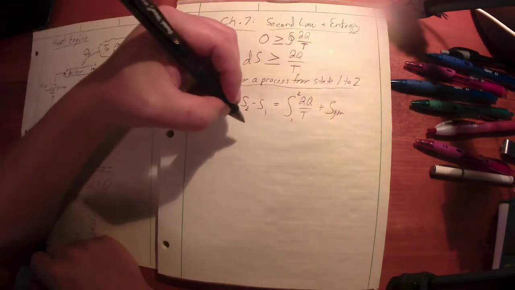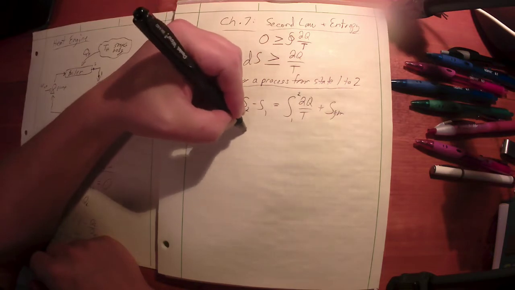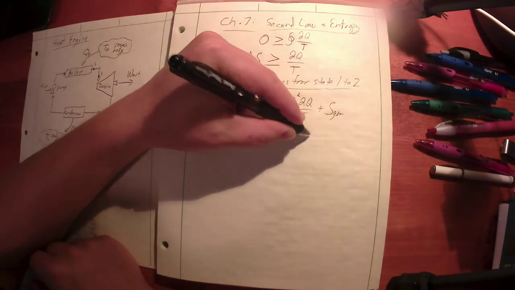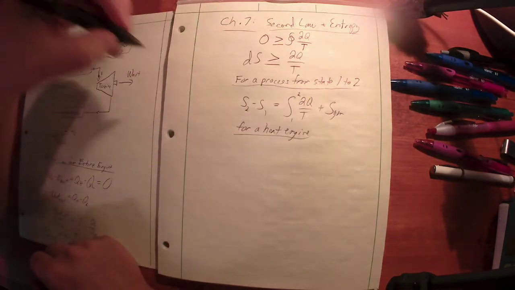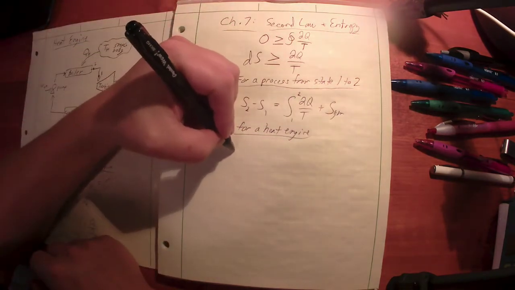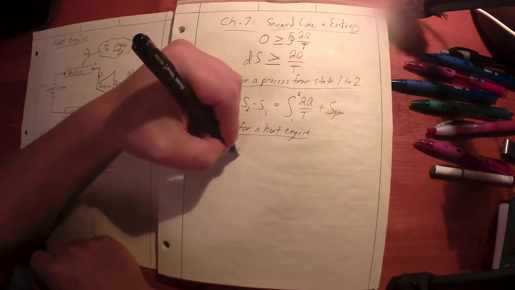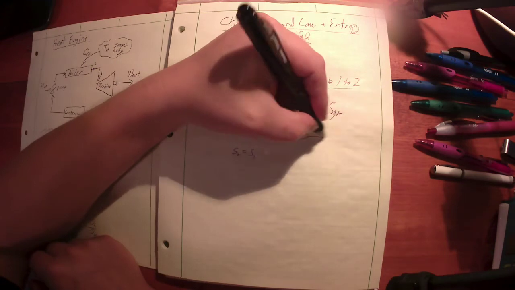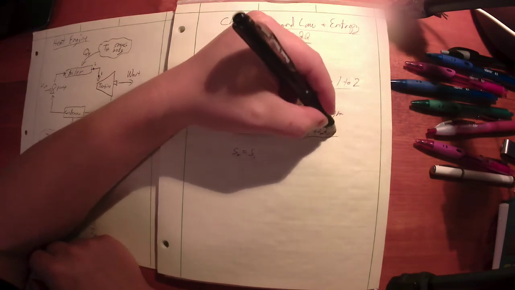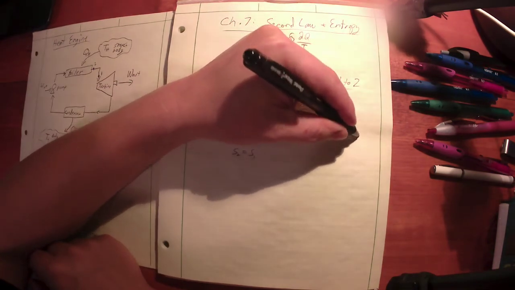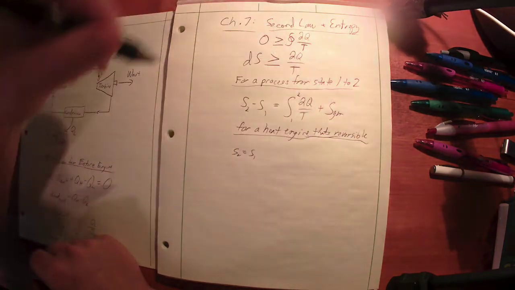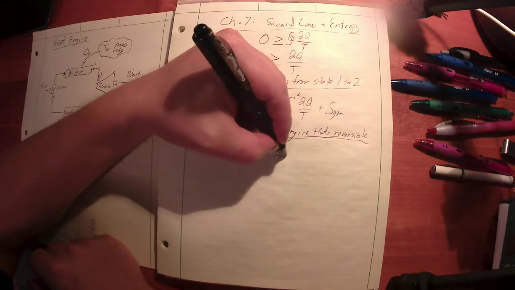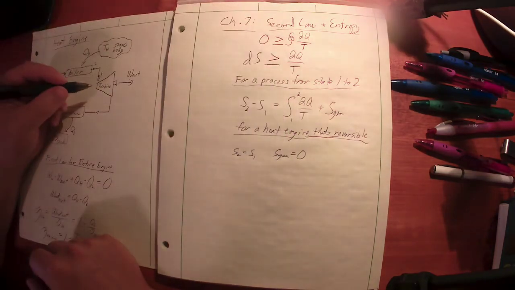So for a cycle, for a heat engine, S2 is going to equal S1. And let's say for a heat engine that's reversible, Carnot or otherwise, well, S2 is equal to S1, and if it's reversible, the entropy generated is 0.